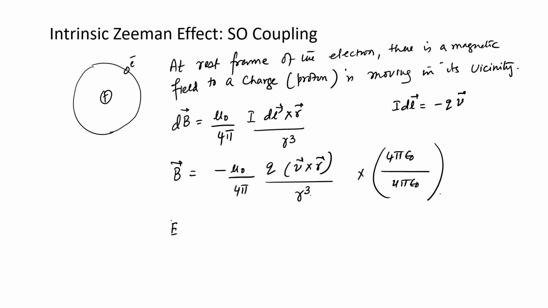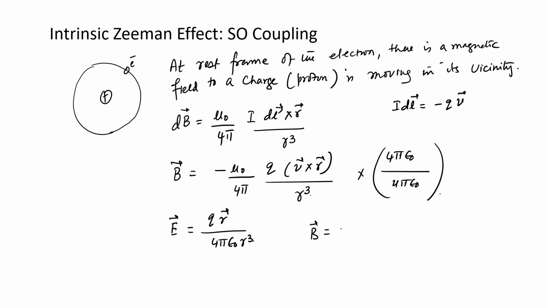So, E is equal to the corresponding electric field you can find out from this relation that you have, you can also find it out from Coulomb's law. So, this is q r divided by 4 pi epsilon 0 r cube. Okay. So, that is the electric field and that is the magnetic field, and what kind of relation do they have in between?